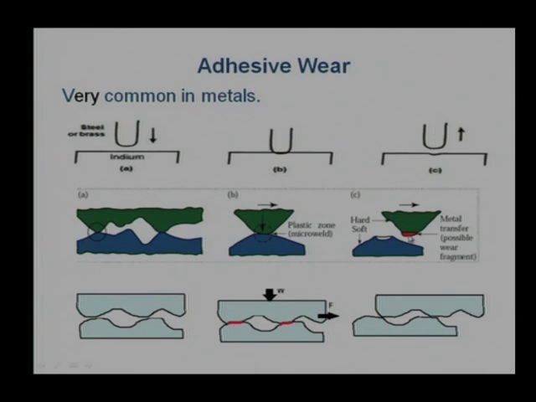This red color is shown because generally the microstructure will be changed. It will not be the same as the blue color. This surface is slightly hardened, obviously the chemical affinity of this red portion towards the green metal is higher. So metal will get transferred, and this is a bigger chunk. We can say it is severe wear.